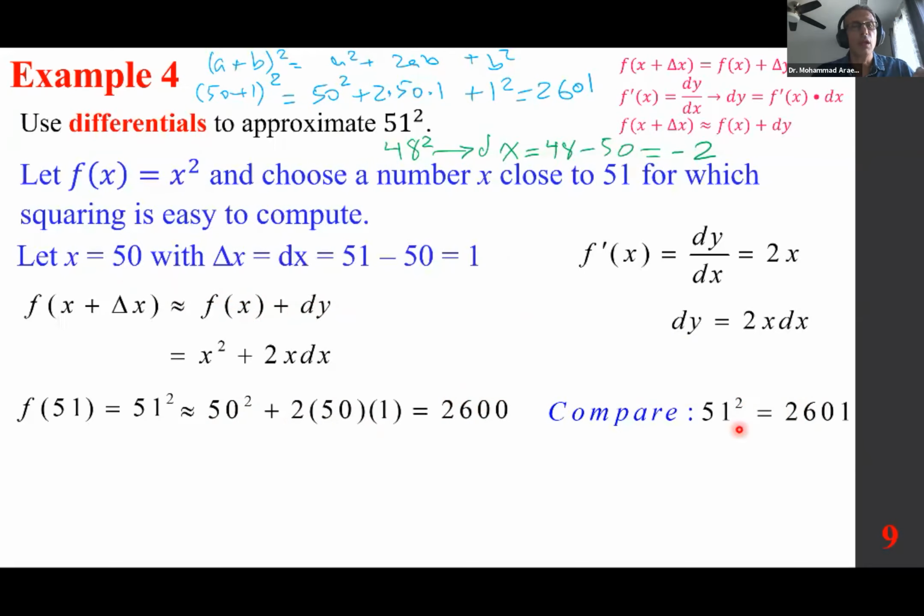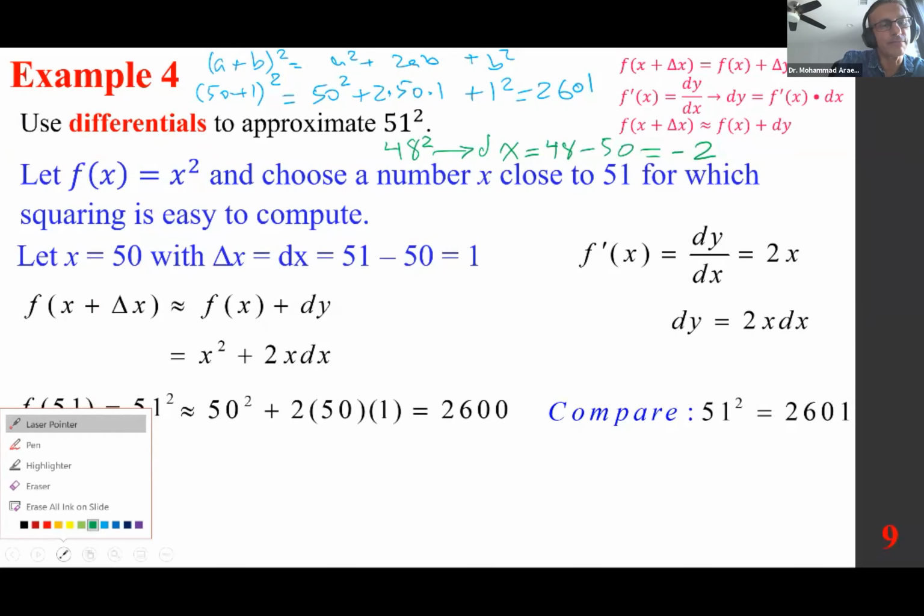You're done. But I want to show you the second method I discussed, known as linearization. If you want to use the linearization, that means you want to use the tangent line. That means you want to come up with the tangent line of this function at x equals 50.